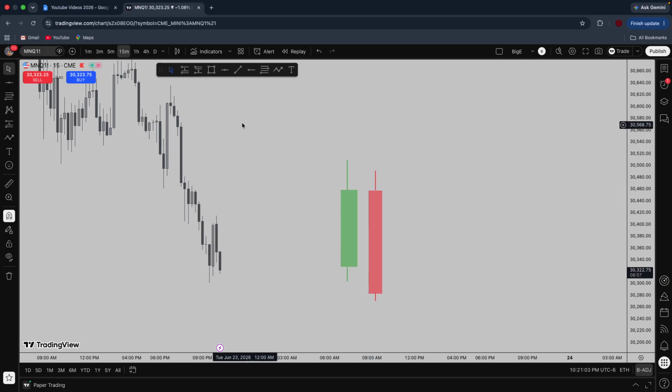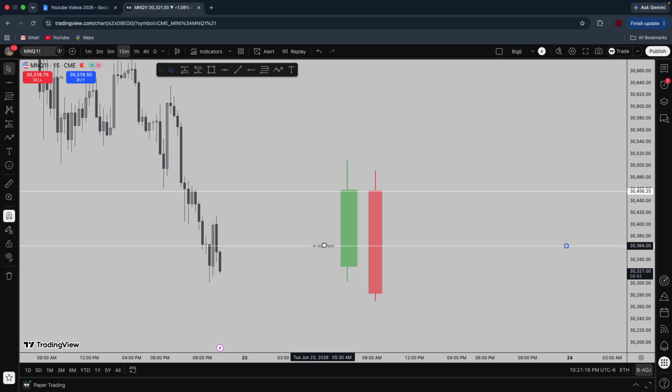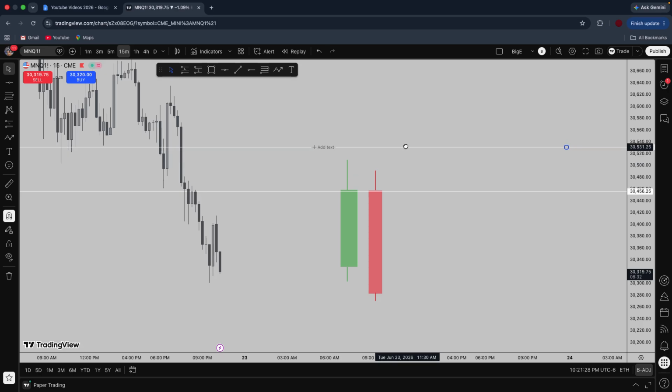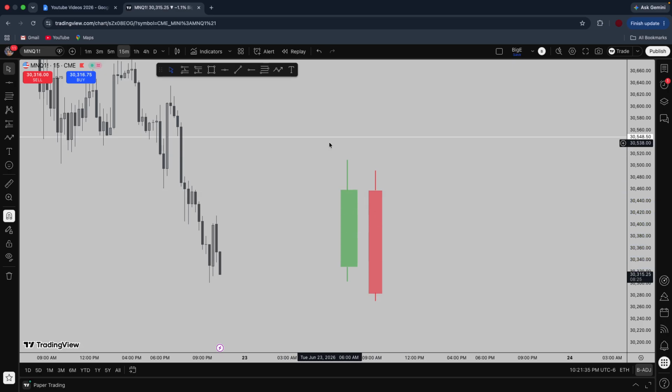So since my candle opening was right here and my candle close was here, the close was above the opening, so that's why it's a bullish candle. Now on this one, the opening was here and the close was down here, so that's why it created a bearish candle. If it would have closed right here, this would have been another bullish candle. And that's pretty much it.